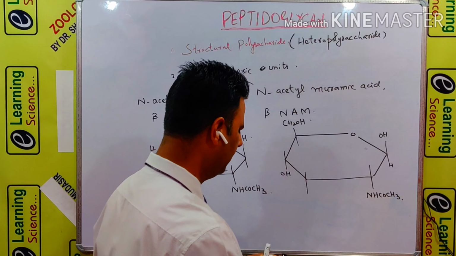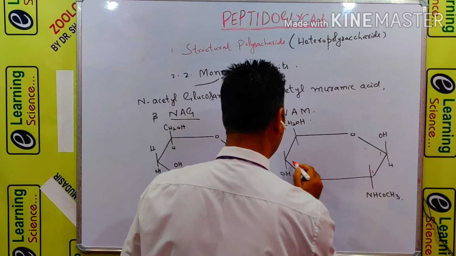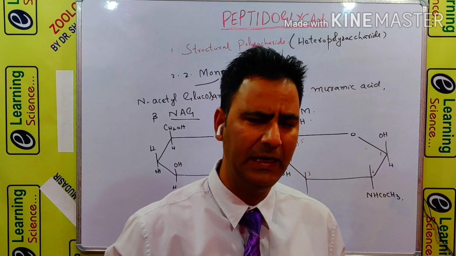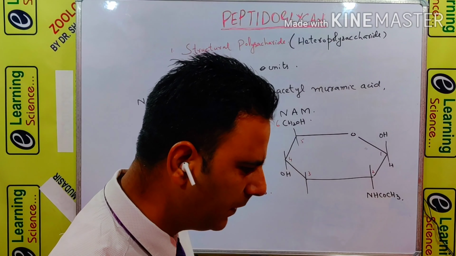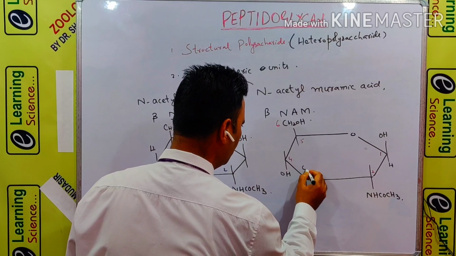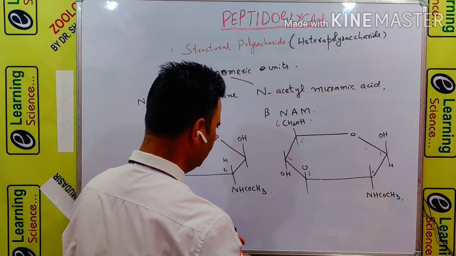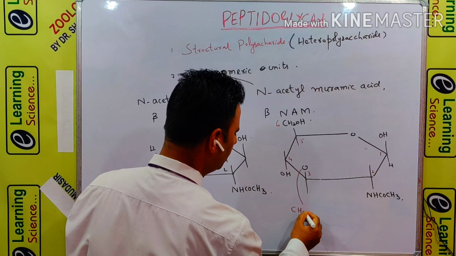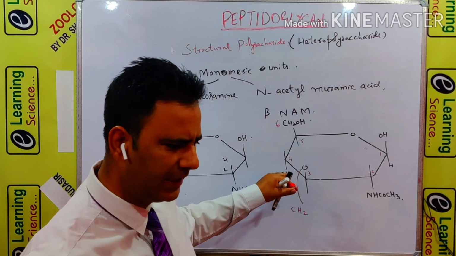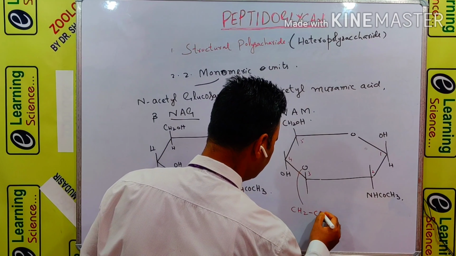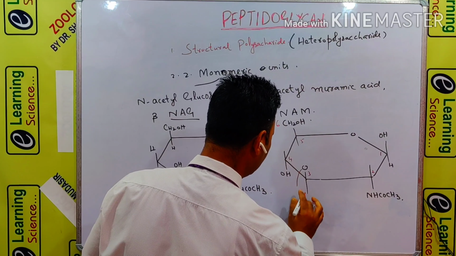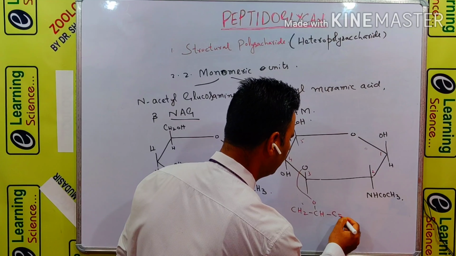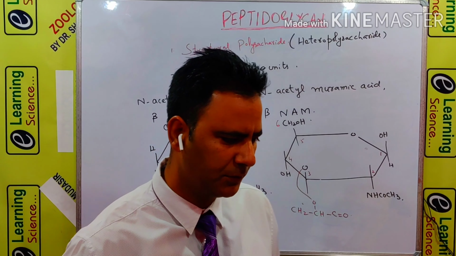At carbon number 3, counting 1, 2, 3, 4, 5 and 6, we have a lactic acid group attached through this O. It is CH3-CH-COOH, a lactic acid attached to it.